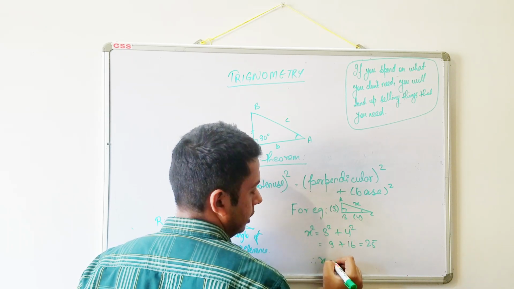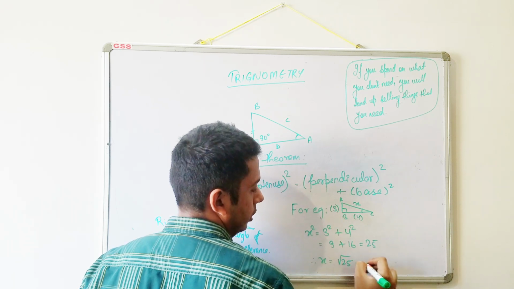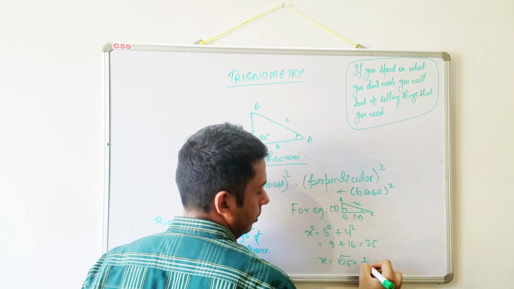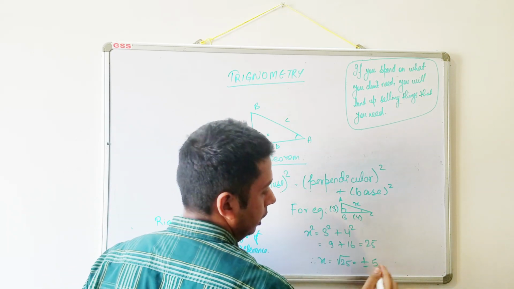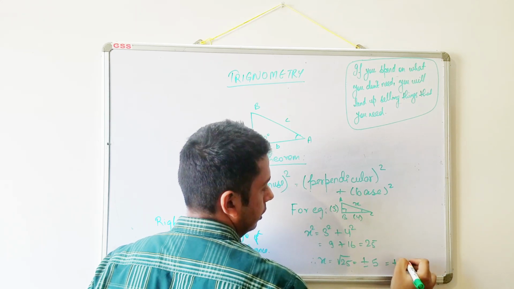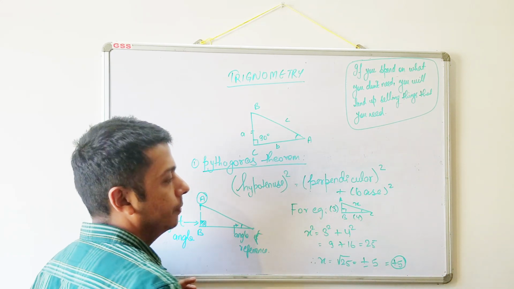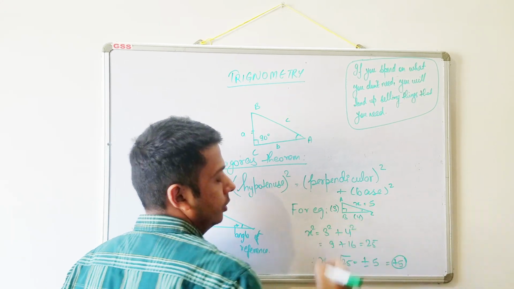Therefore, x is equal to square root of 25, which makes it plus or minus 5. But since the length cannot be negative, I can only consider plus 5. That means if this is 3, this is 4, my x would be 5.